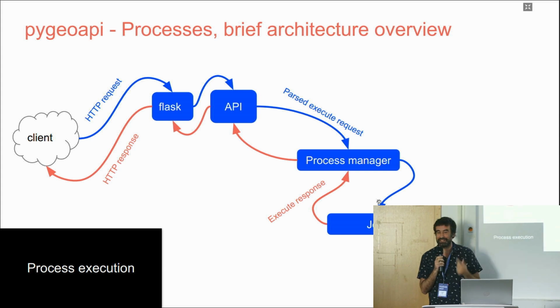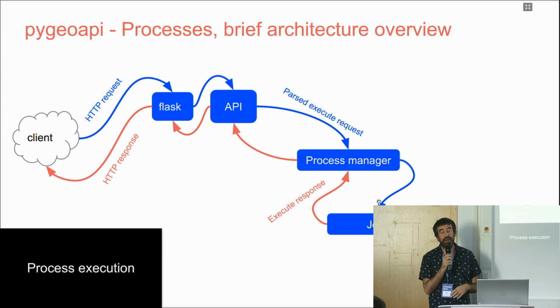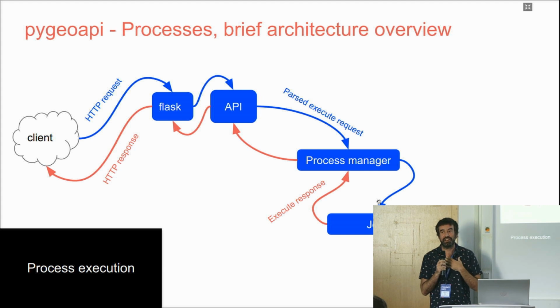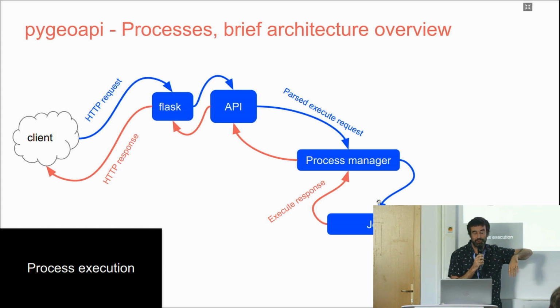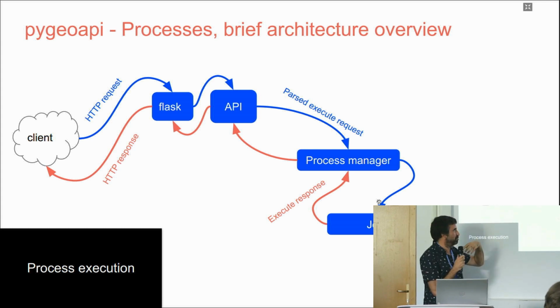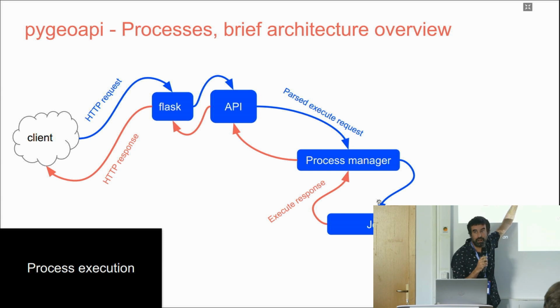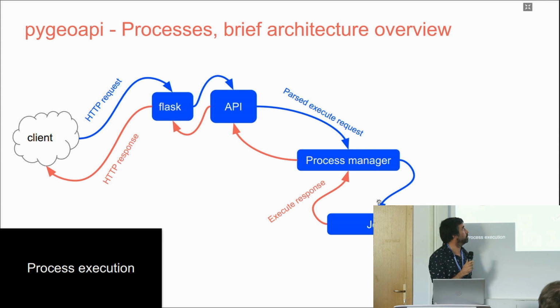Sorry. This is a very brief overview of Pygeoapi when looked at from a processes lens. I don't mean to treat Pygeoapi as a whole here. So, a client makes a request, which is parsed by a web framework, which by default is Flask, but there is support for others in Pygeoapi.